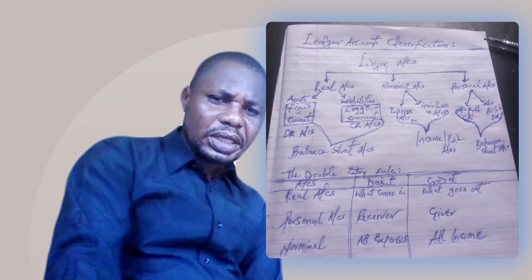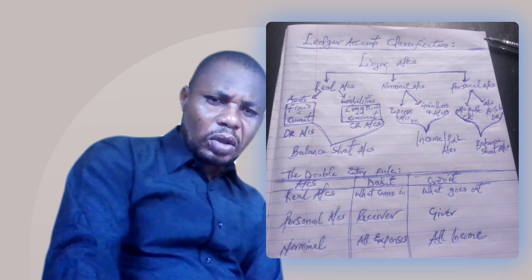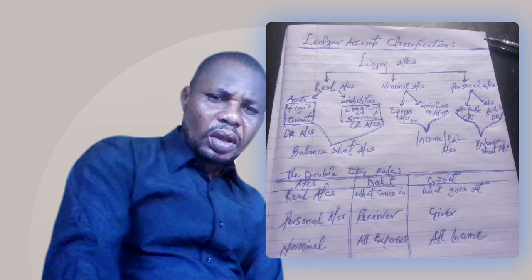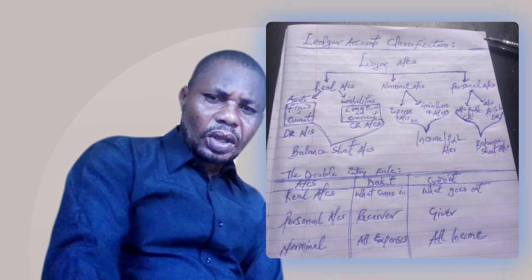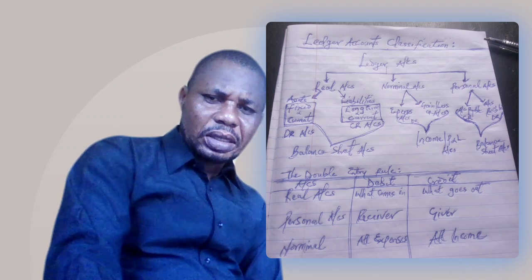The liabilities are the long and short-term liabilities. Short-term liability is another name for current liabilities, and all of them are what we call balance sheet items or balance sheet accounts. We will start breaking them down with the assets.